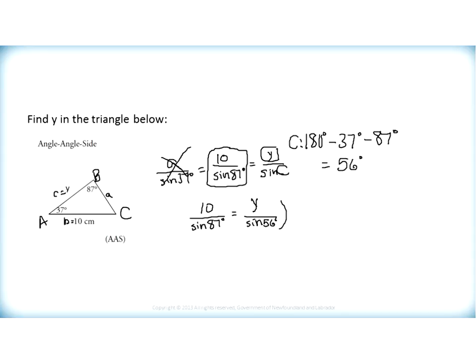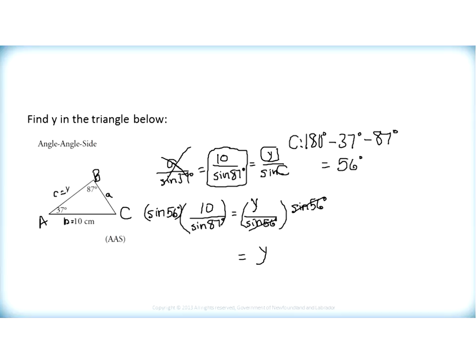So I'm going to, this time, multiply both sides of my equation by sine of 56 degrees. And what I'll notice is sine 56 and sine 56 will cancel.